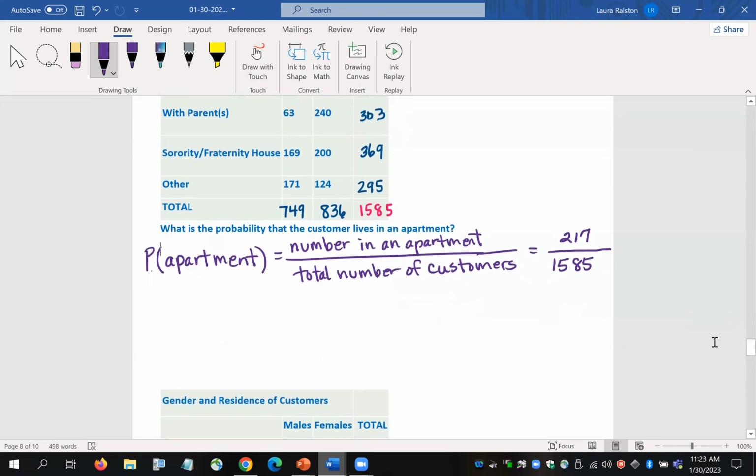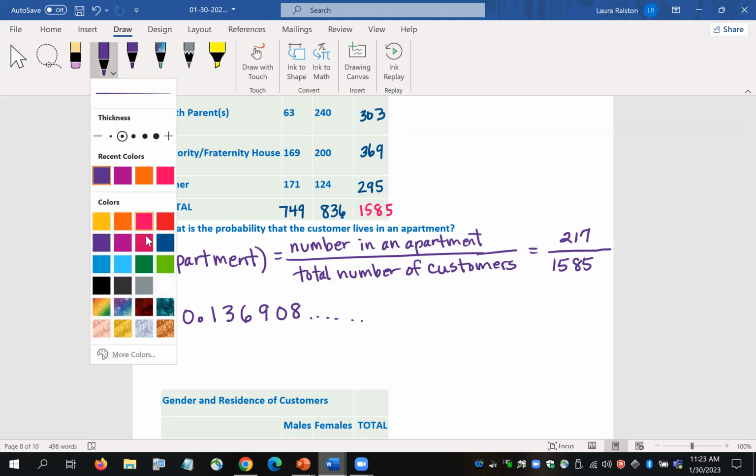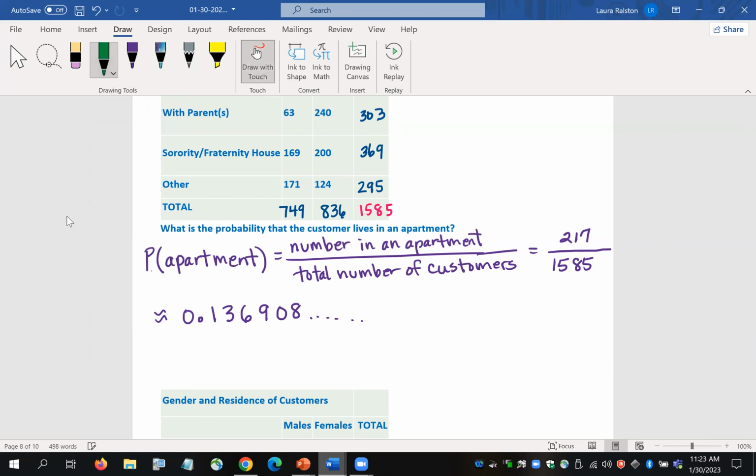Again, I'm going to convert that to a decimal. It's the numerator, 217, the top number, divided by 1585, the bottom number, and we get approximately 0.13698, and so forth. Again, you are asked to round to 3 decimal places. The third decimal place is a 6.